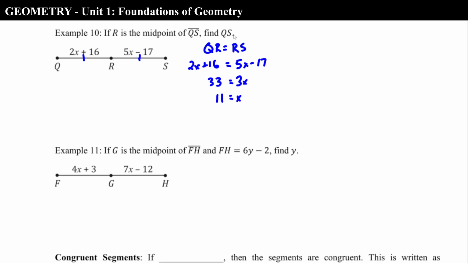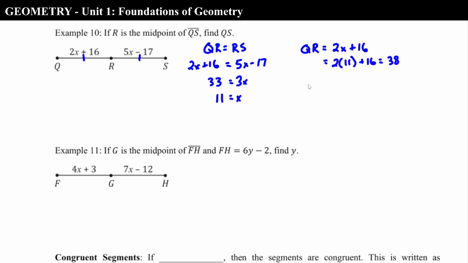Well, we don't have a statement for QS, but we know that QR plus RS is going to give us QS. Okay, so let's go ahead and find at least what QR is. QR equals 2x plus 16. Well, if x is 11, we have 22 plus 16, and that's going to give us 38.